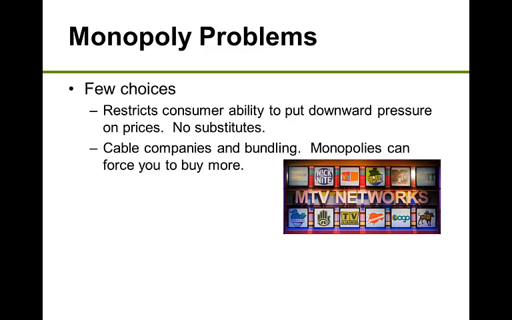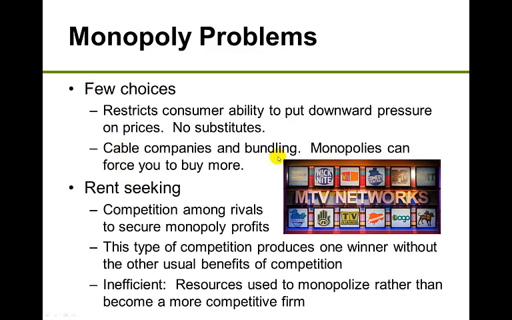Back in my day, there was no MTV2, and there was MTV and VH1, and they both showed music videos and Beavis and Butthead episodes. But now, a whole lot of TV channels, and restricts your choice since there are only a handful of providers, cable providers, that you can choose from.